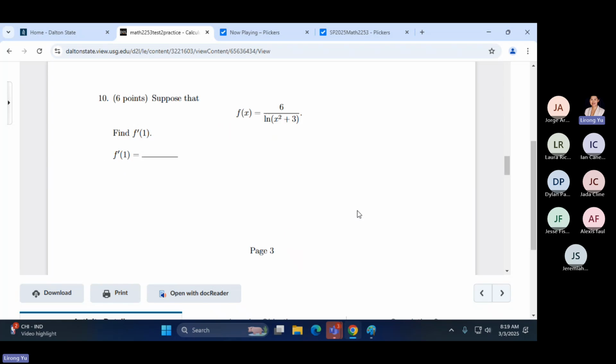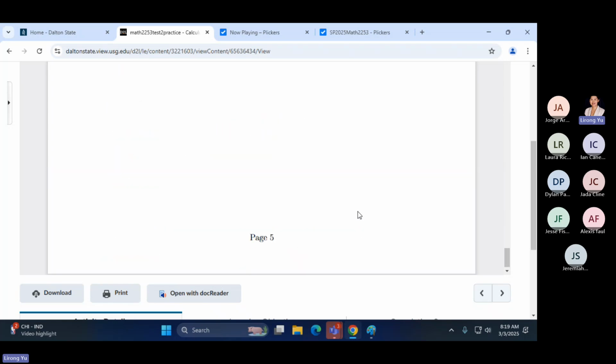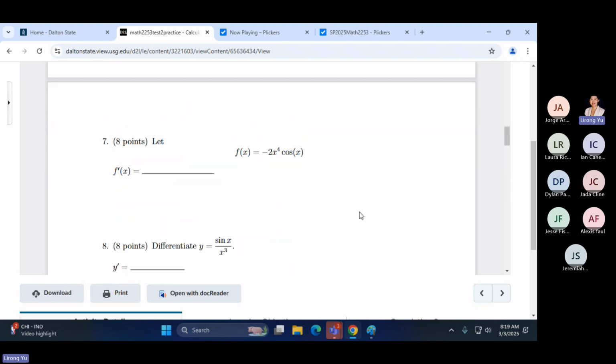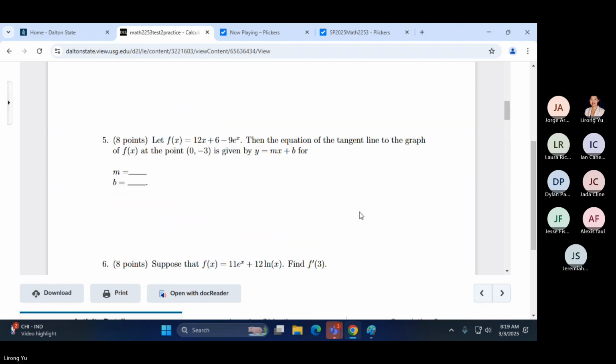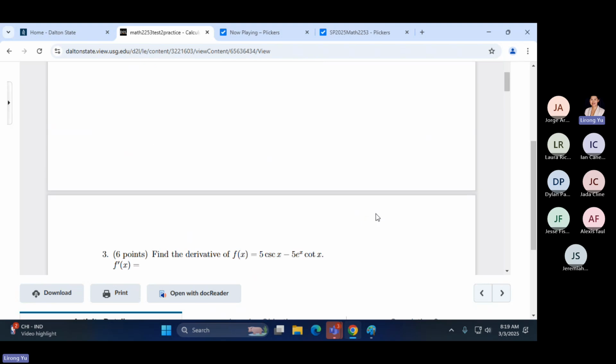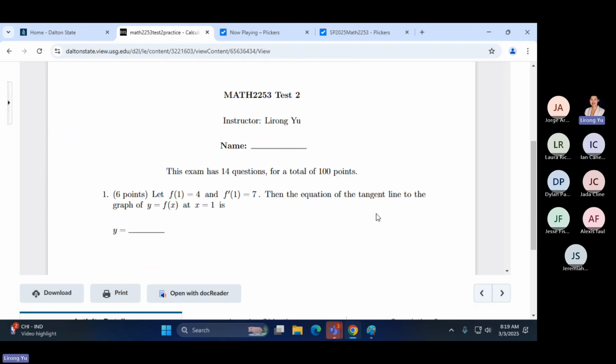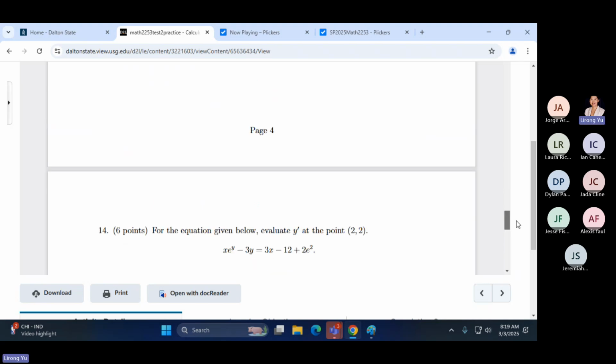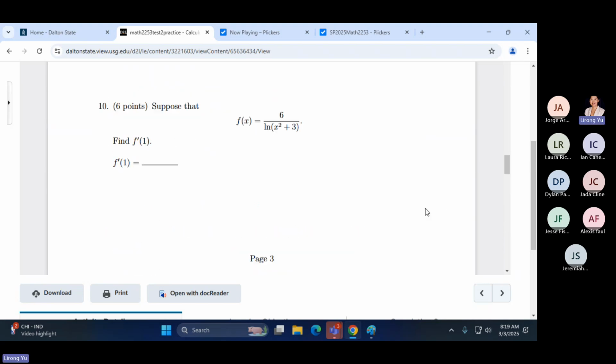Otherwise, I may have omitted 2.7. I don't find any inverse trig in here. My plan is to put an inverse sine or inverse tangent question in there. I found that on this version, there's none.